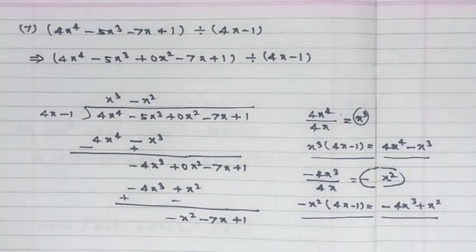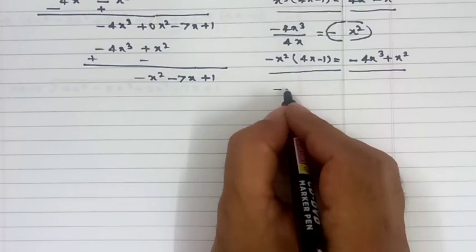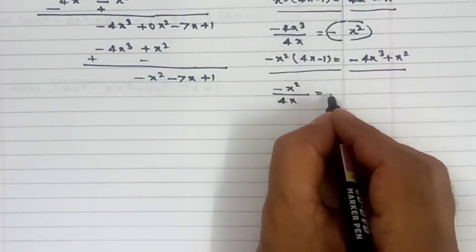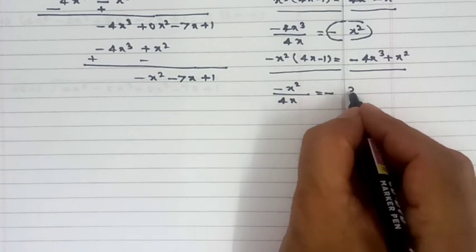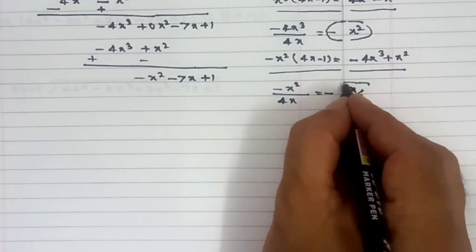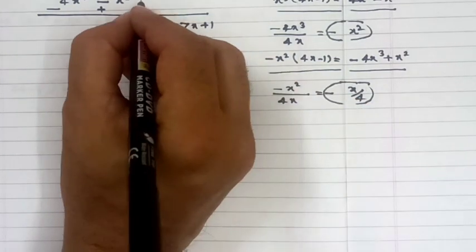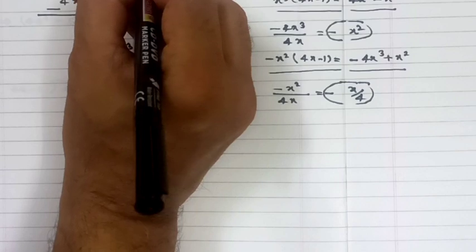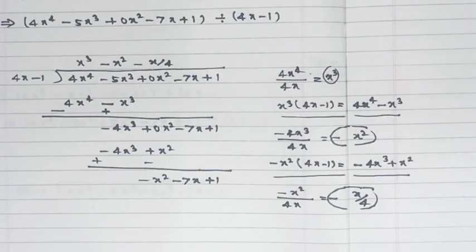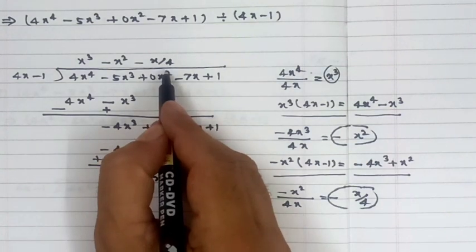My dear student, don't worry, you have to repeat the same method as it is. So minus x square divided by 4x, you will get minus x upon 4. Now this minus x upon 4, write down here. Look at this.